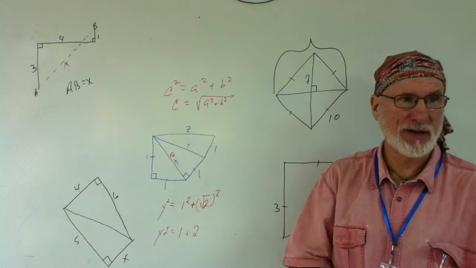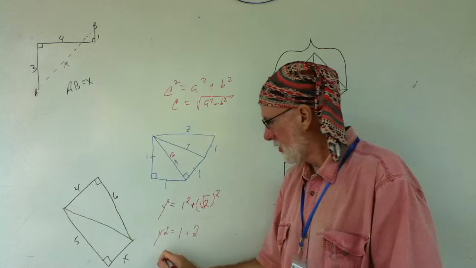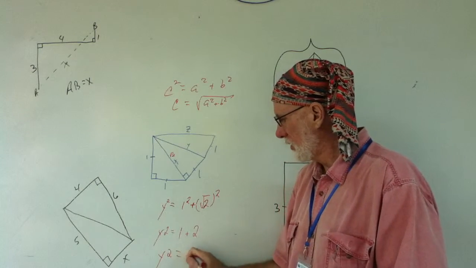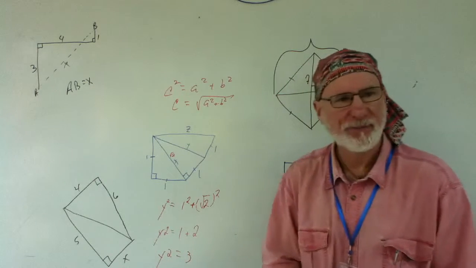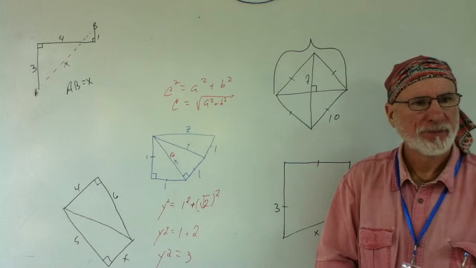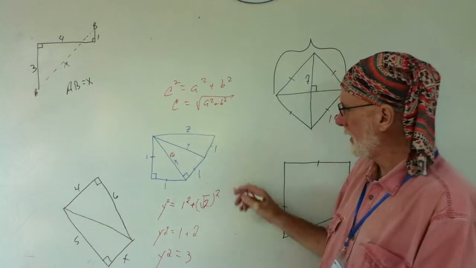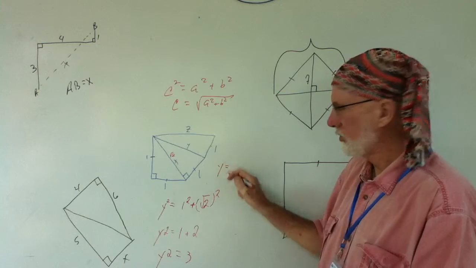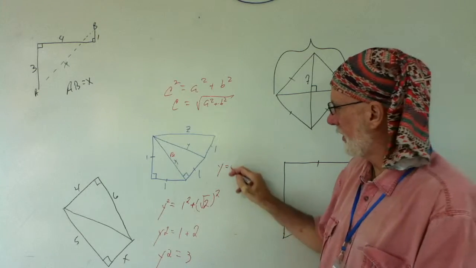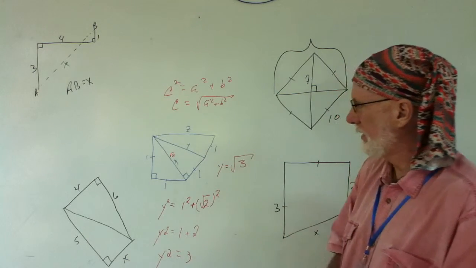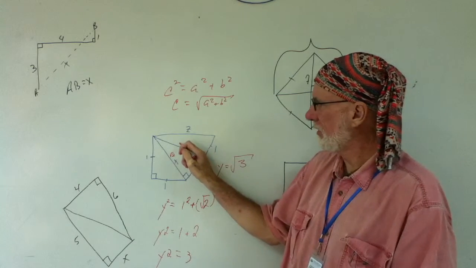You guys have been practicing over the weekend, right? A little homework? Excellent. So y squared equals 3. Now what? Y equals what? Root 3. Very good. So doesn't this equal root 3?